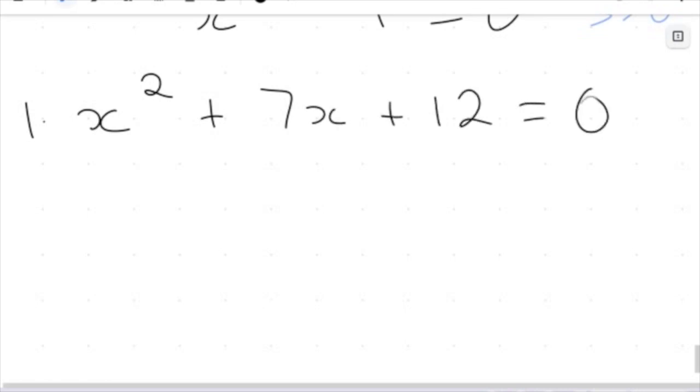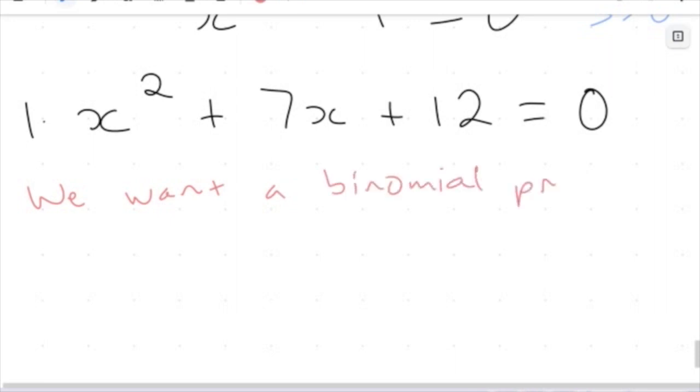Okay, so my first question is I have x squared plus 7x plus 12 equals 0. Now, this looks scarier, but the process is still the same. We want a binomial product, or any product for that matter, so we can apply the null factor law.